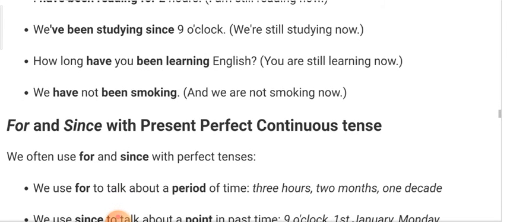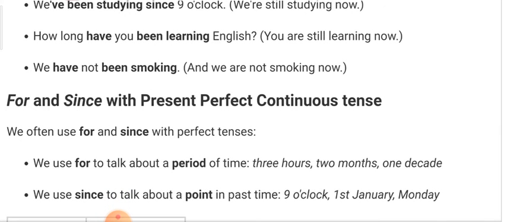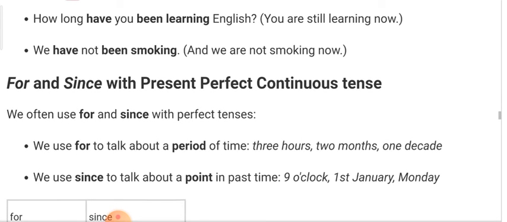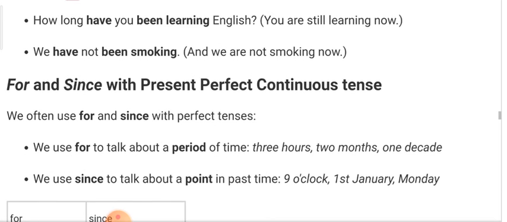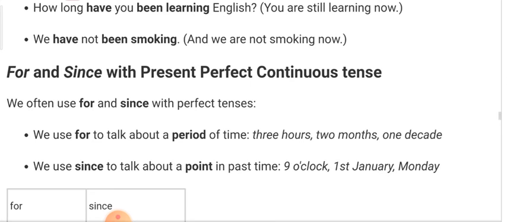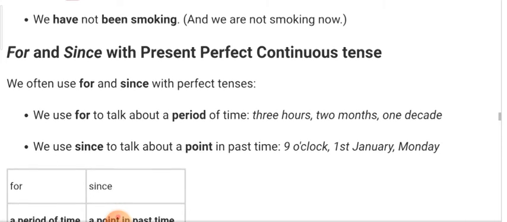Now, that's very important: in what way we use since and for. We use for to talk about a period of time. A period of time means 3 hours, 2 months, 1 decade, etc. There is no definite date or definite number.